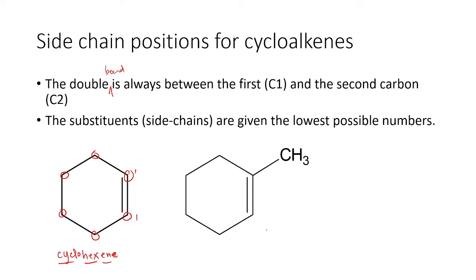So basically, since our double bond can either have the first or the second carbon position, what can happen here is this can be 1 and this can be 2. Okay? So meaning to say, we will have here 1-methylcyclohexene.